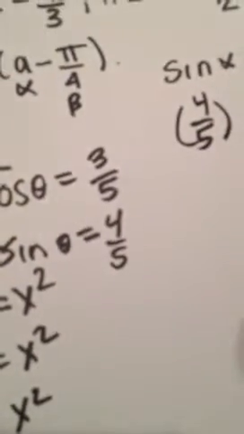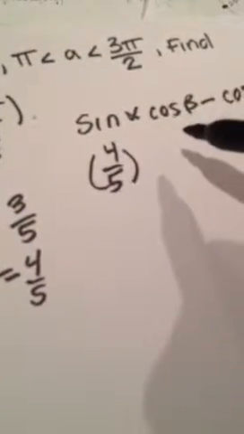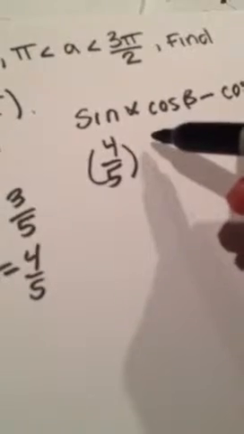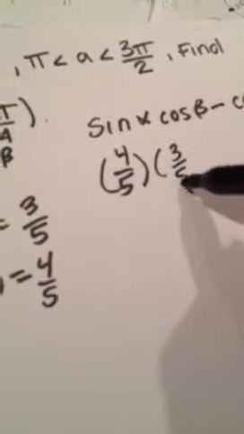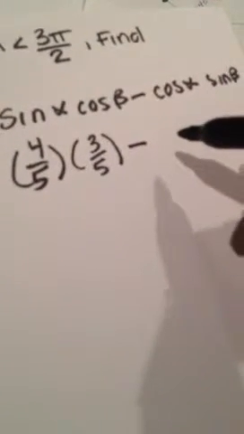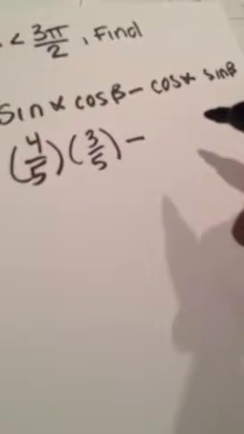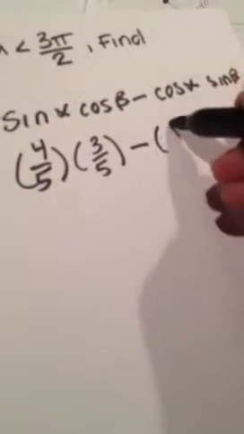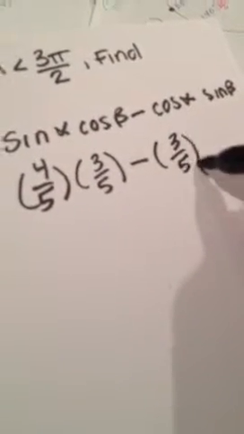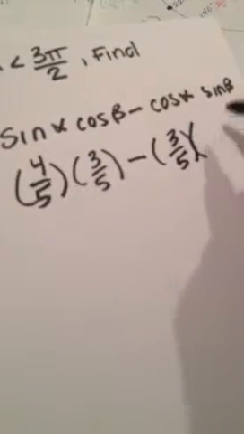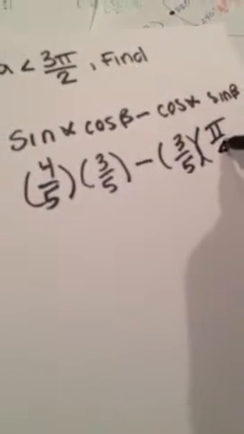So sine of theta is 4 over 5. Cosine of beta is 3 over 5 minus cosine of theta, which is 3 over 5, and then sine of beta is pi over 4.